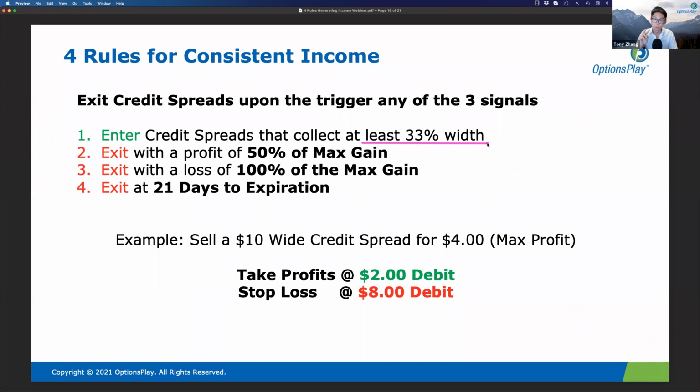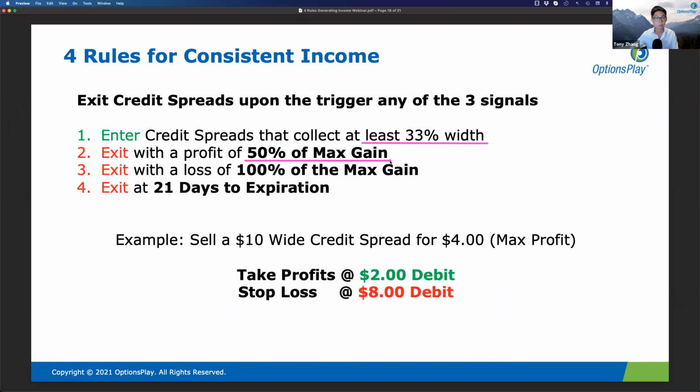Okay. Now, once you're in the trade, there are 3 possible triggers that can signal you to get out of the trade. And whichever one triggers first, that's your rule to get out of the trade. The first rule is if you have 50% of the max gain, it's time to take your profits and run.